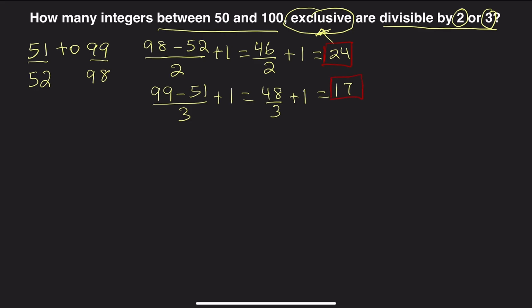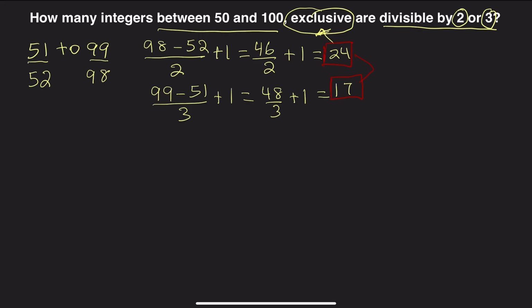As you can see, we found 24 integers that are divisible by 2 in this range, and we found 17 integers that are divisible by 3 in this range. We can add these two numbers together, 24 and 17. However, before doing so, we need to account for any overlap that may have occurred.